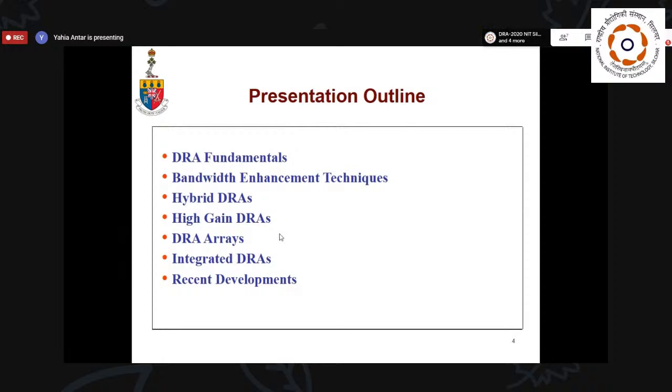I remember the very first basic antennas, and when I looked at the dielectric resonators, and one of the speakers earlier, a couple of days ago, was Dr. Kishk, we actually took some dielectrics and started playing with it.